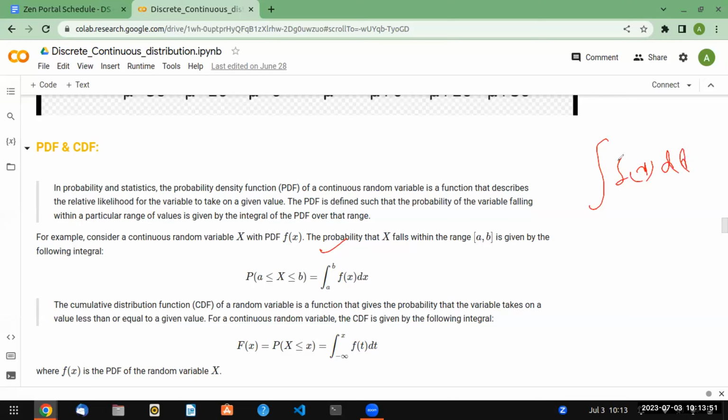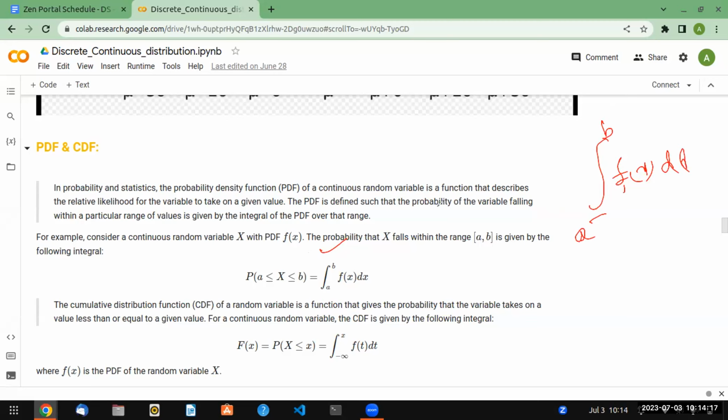Anyone knows? Limit from A to B. Yeah, but this is called integration. Integration with limit from A to B. You are correct in saying limit. That means you knew these things previously. Those who are totally new and not from a mathematical background, we're not going to discuss this much. Don't worry.